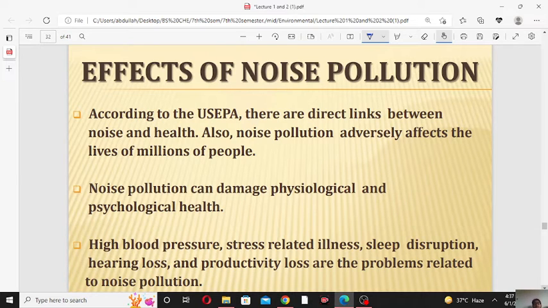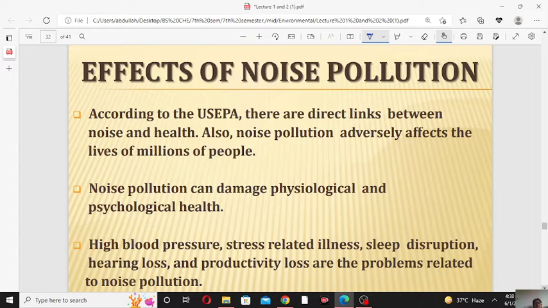What are the effects of noise pollution? According to US EPA, the United States Environmental Protection Agency, there is a direct link between noise and health. Noise pollution adversely affects the lives of millions of people.